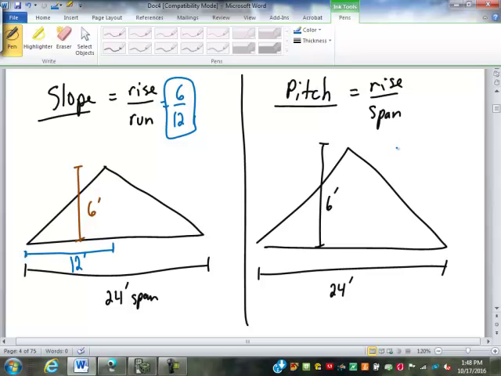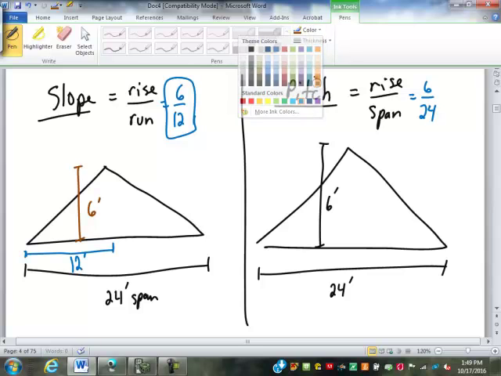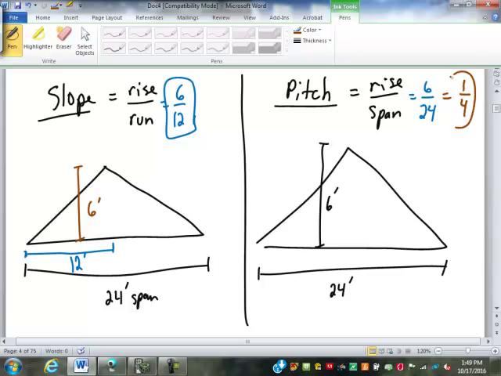So what's the rise of this rafter? 6 foot. What's its span? 24. You're thinking run would be 12. Span is the whole thing. And unlike slope where we put it over 12, the pitch we would reduce. This would be a 1/4 pitch.